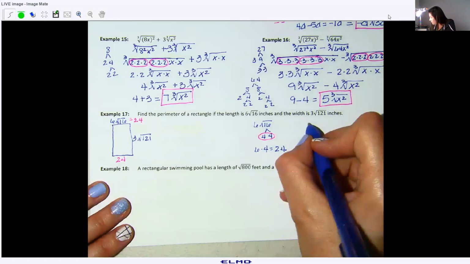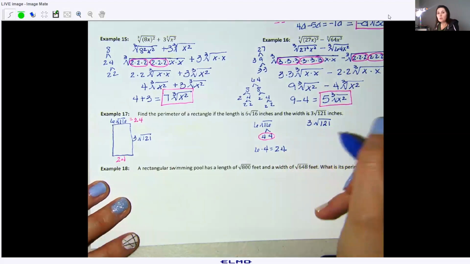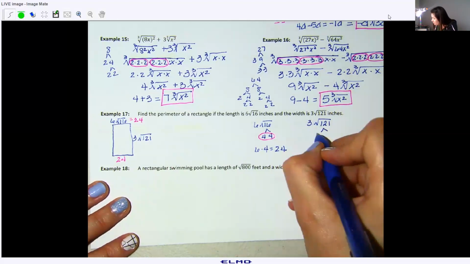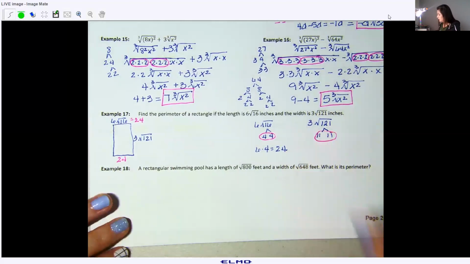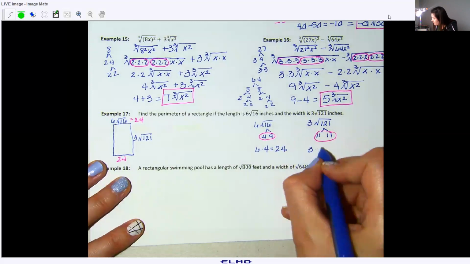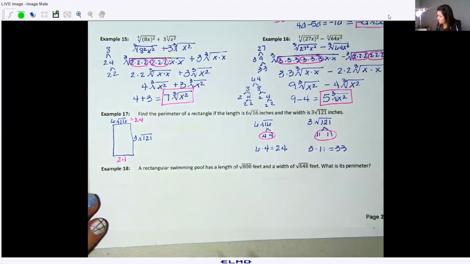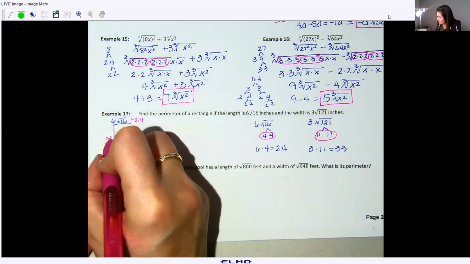Now we are going to factor out 3 square root of 121. Now I also know that the square root of 121 is 11. So I'm going to pull those out. And we can pull that 11 out and we end up with 3 times 11, which equals 33. So this is 33 and this is 33.